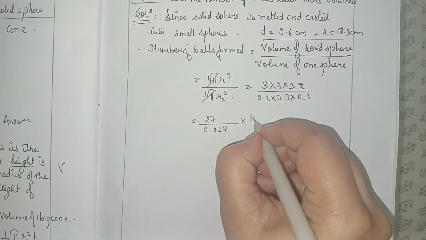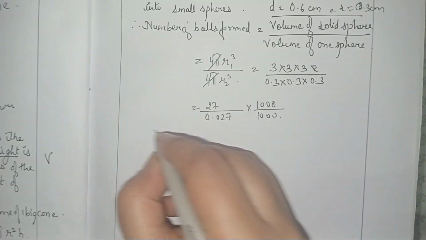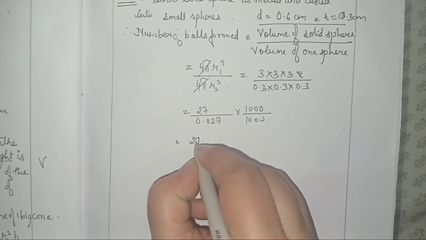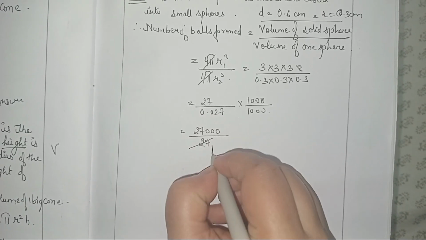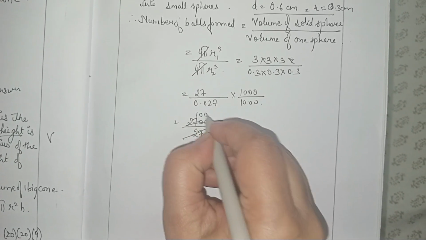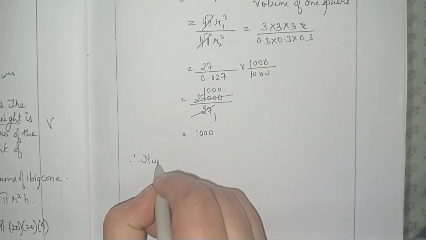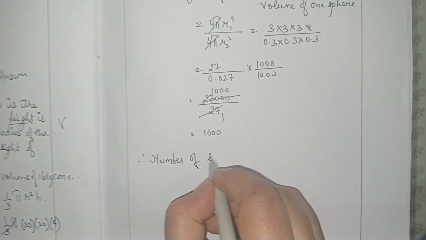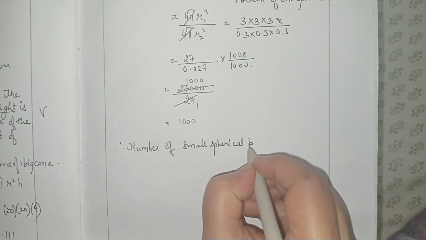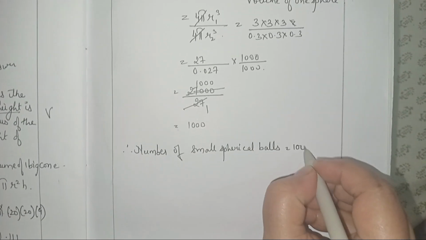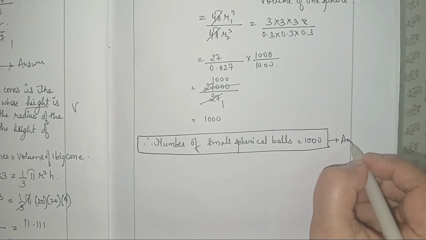Into 1000 over 1000 will give you 27 over 27 ones. You will get the number of balls is 1000. Therefore, number of small spherical balls is equal to 1000. This is the required answer.